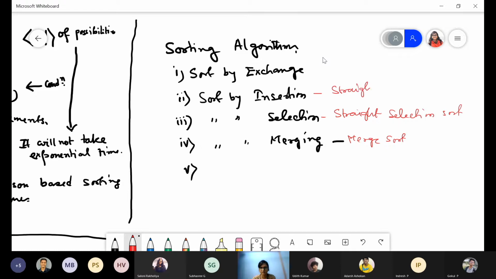Straight insertion sort. What else is insertion? Shell sort is there. Exchange, I'll put bubble and quick here.